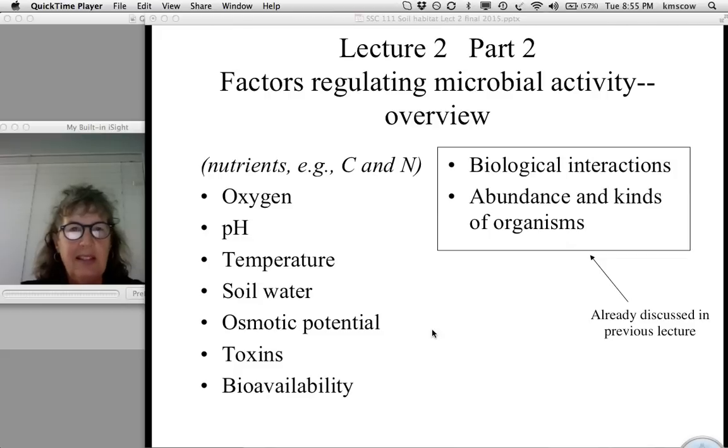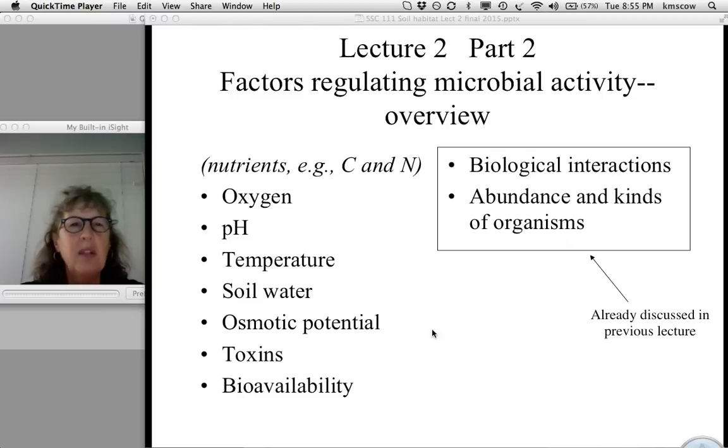So let's just get started. What I want to do is quickly go through these important factors, and then we will have a class exercise where you will walk through and create a model describing what will determine how fast a microorganism will carry out an activity based on these relationships that we know.